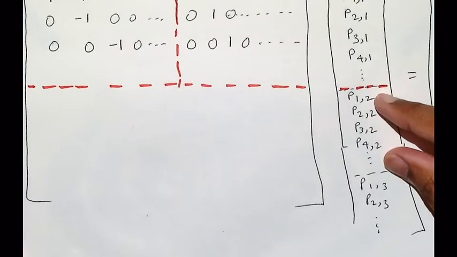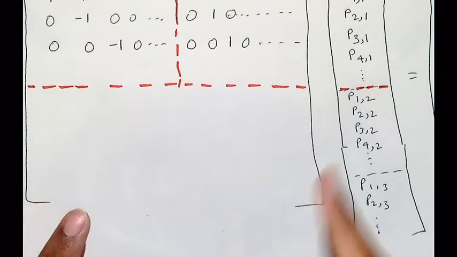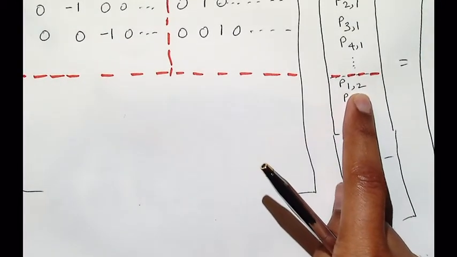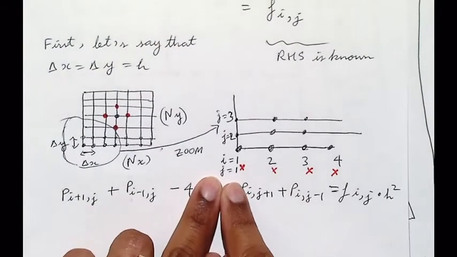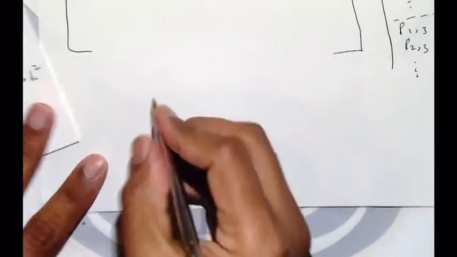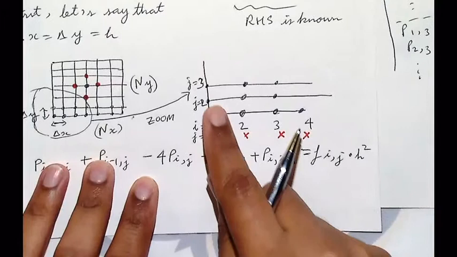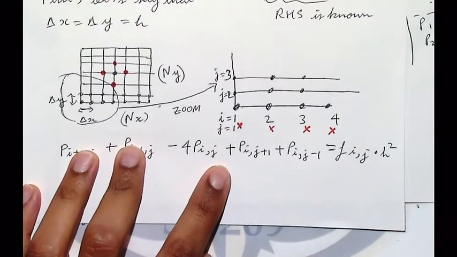So now, for the inner nodes, we will get exactly that. Let's see, the inner nodes, P12. What happens with P12? Let's go back here. What should we do with P12?